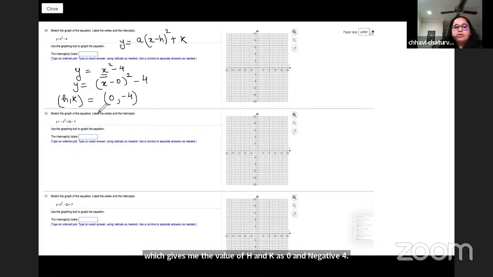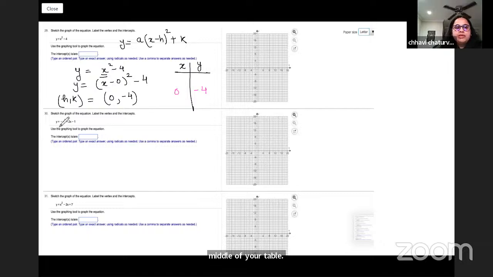Once you have the values of h and k, you create a table and write those values in the middle of your table. So I'm going to write 0 and negative 4 in the middle of my table. Now go ahead and choose the neighbors, a left neighbor and a right neighbor.